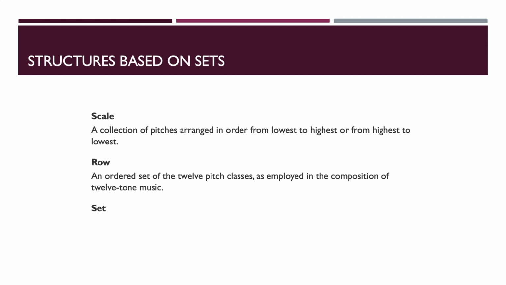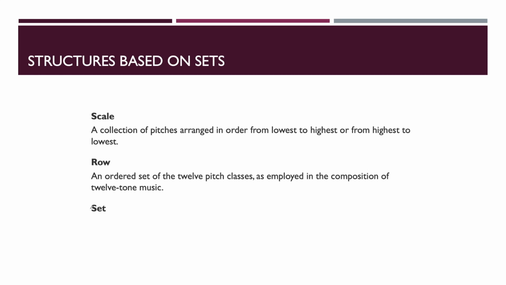It is possible, but can we call it a 12-tone row? I would say no. We would say the composer used a 12-tone scale in his composition, but it is not a 12-tone row. A 12-tone row means a more or less interesting organization of the 12 pitch classes.